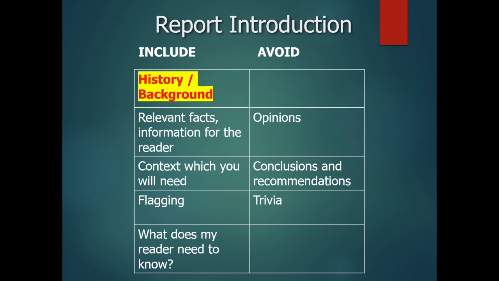So that's just a flagging issue. You raise the flag, all right? So broadly speaking, what does my reader need to know as a background for this? And of course, some readers may need to know more and others less.